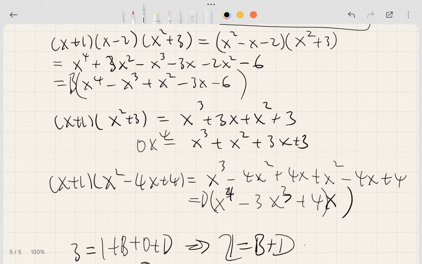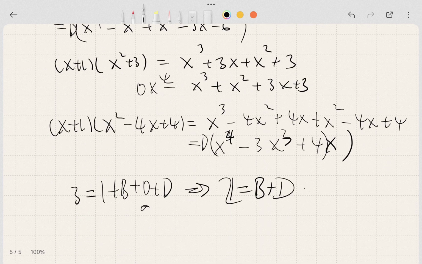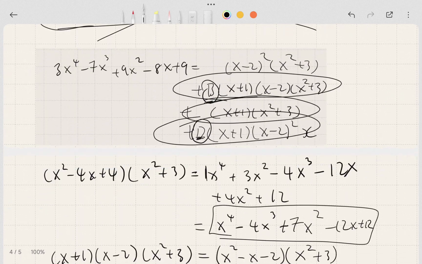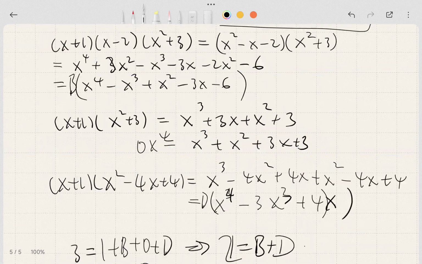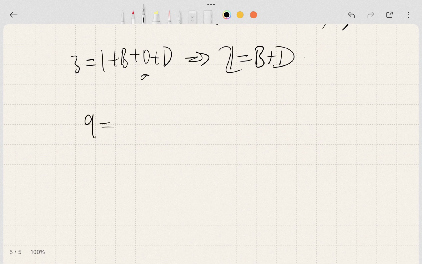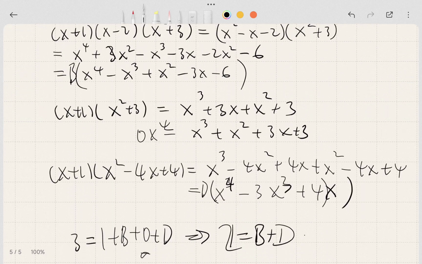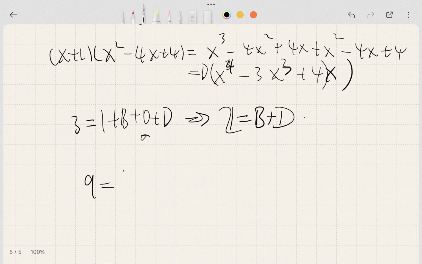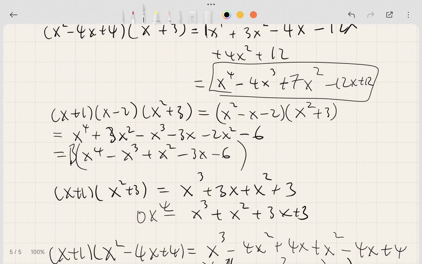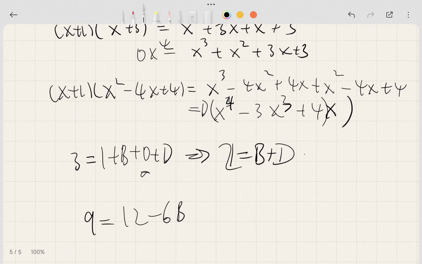And then we know that minus 6, we know that from the constant term, it's 9. So 9 must be equal to 12 minus 6B plus 3.